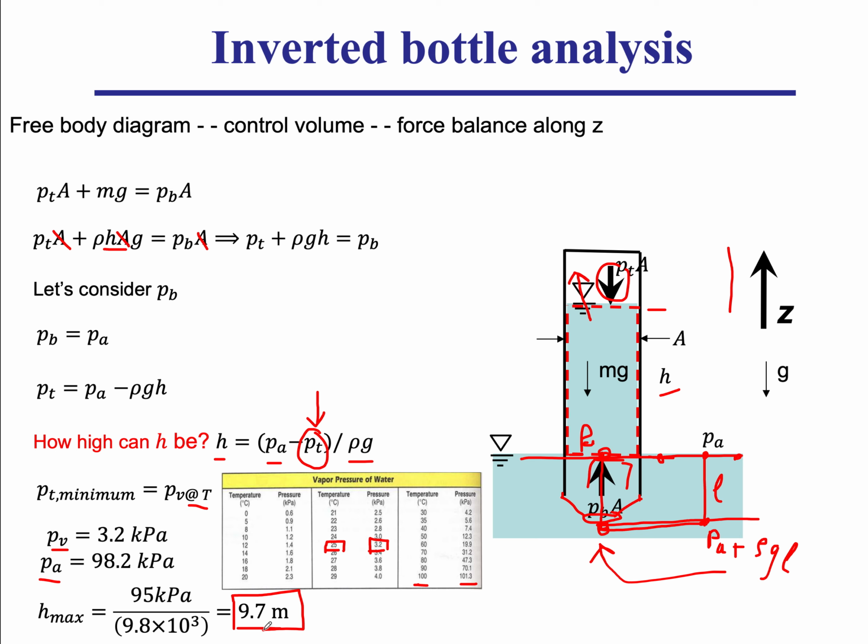So if you have a well that is deeper than 9 meters, you have to actually go down. That's why you use submersible pumps. Submersible pumps are designed to address this particular issue of water boiling.